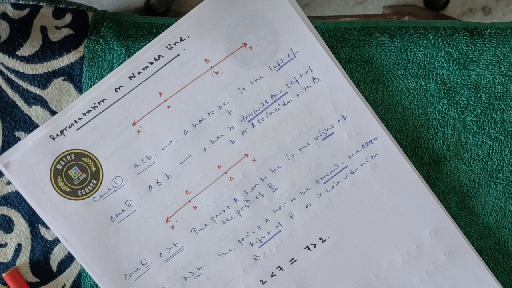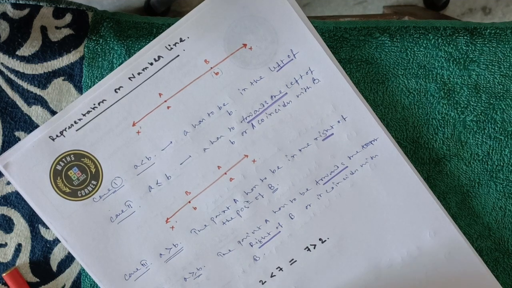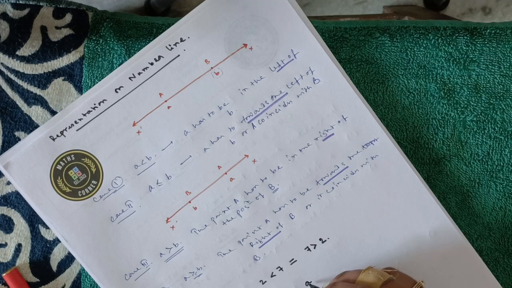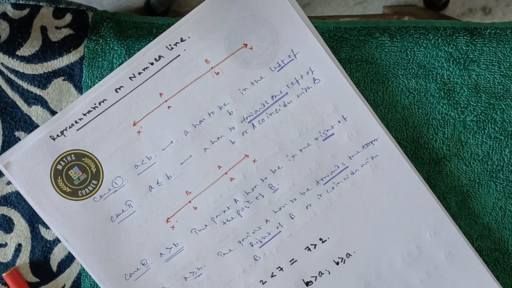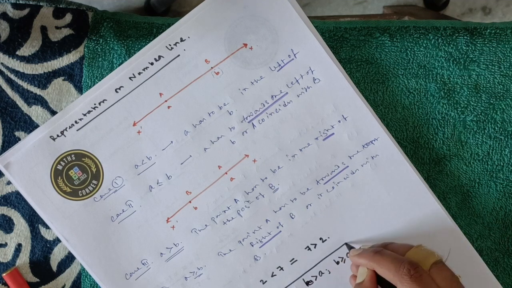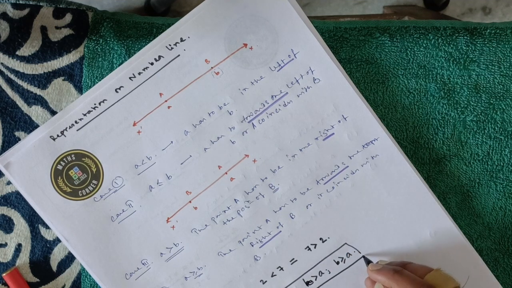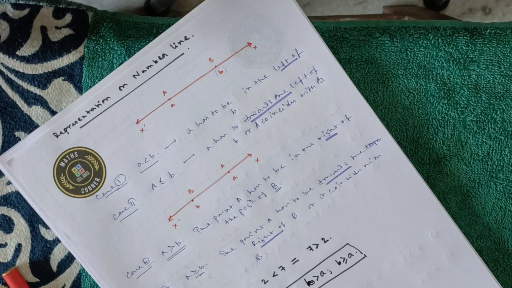The statements A less than B or A less than or equal to B are equivalent to the statements of B being greater than A or greater than or equal to A. This is the thing you all should remember.